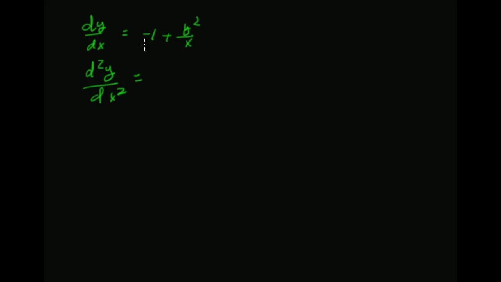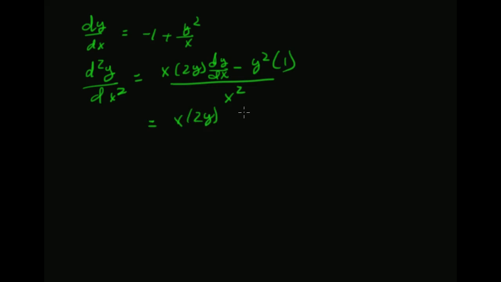Second derivative of that. Derivative of negative 1 is 0. So then we just use the quotient rule here. Low d high, dy dx, because this is implicit, minus high d low over low squared. We know that dy dx is this negative 1 plus y squared over x, minus y squared over x squared. We distribute here.